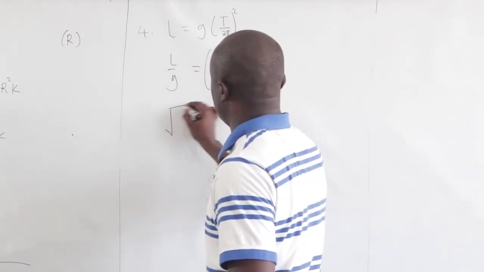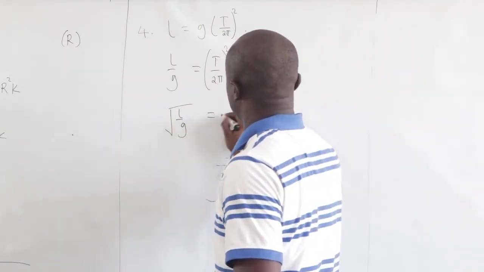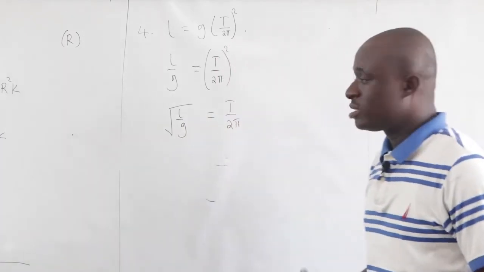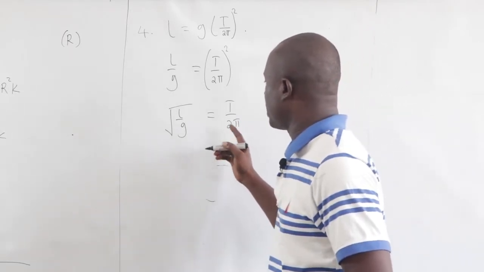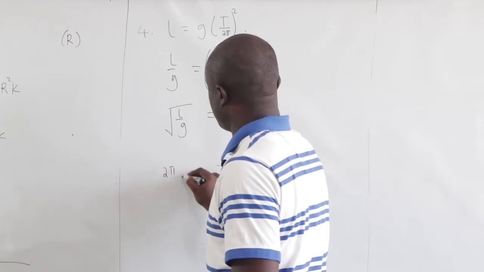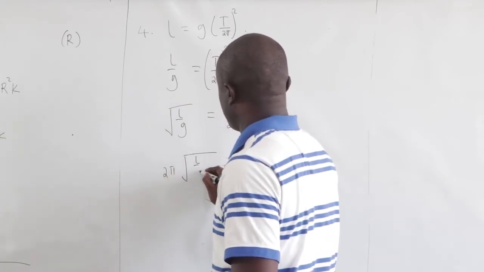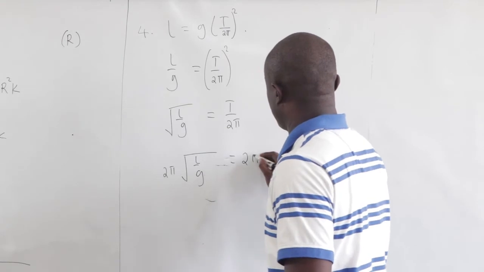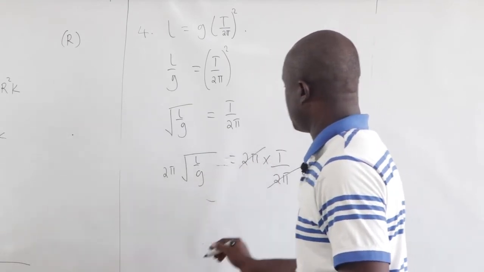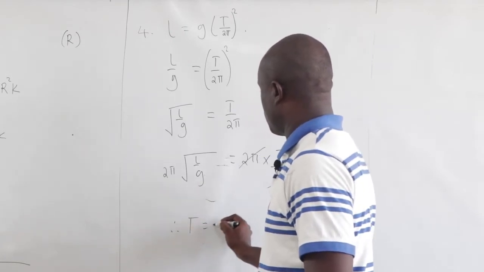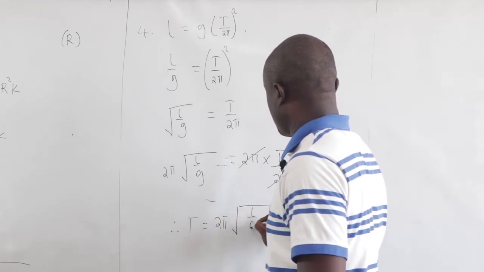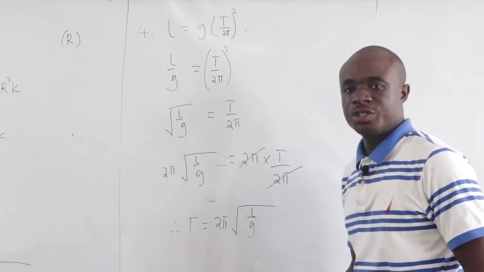So we have square root of L over G equal to T all over 2 pi. We want to make T the subject. What's the LCM? 2 pi. So this will give us 2 pi square root of L over G equal to 2 pi times T all over 2 pi. Clearly this is cancelling out that. So what do you have? We have T equal to 2 pi square root of L all over G.